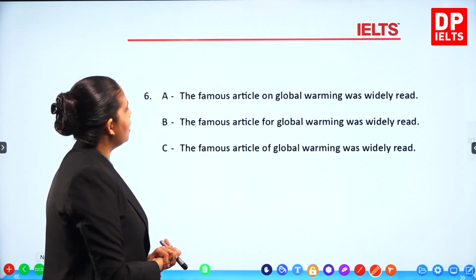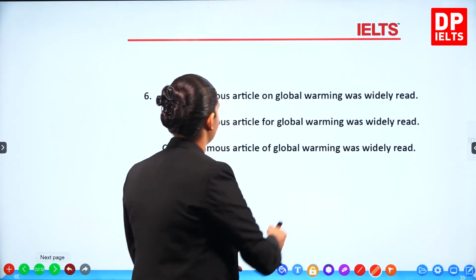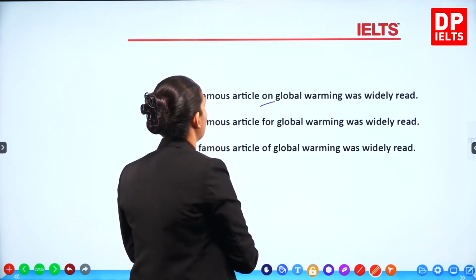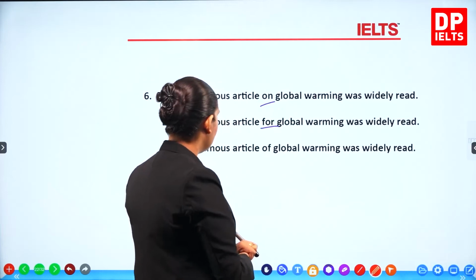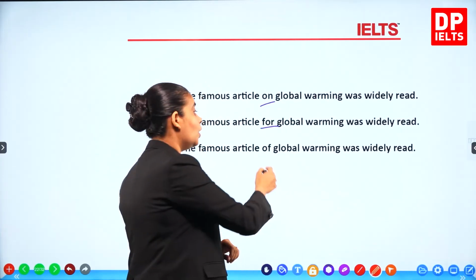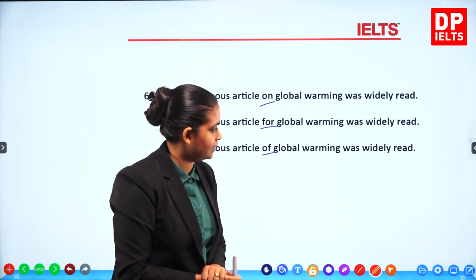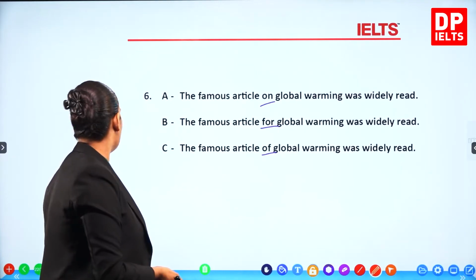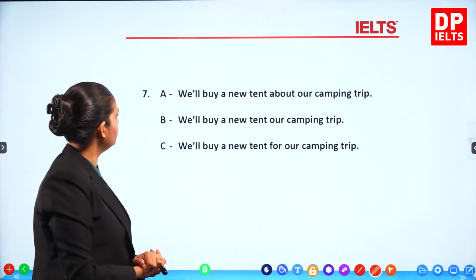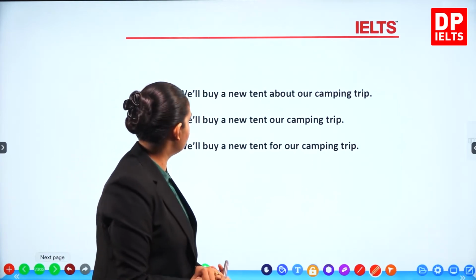The famous article on global warming was widely read. The famous article for global warming was widely read. The famous article of global warming was widely read. So which sentence or sentences are correct? We'll buy a new tent about our camping trip.